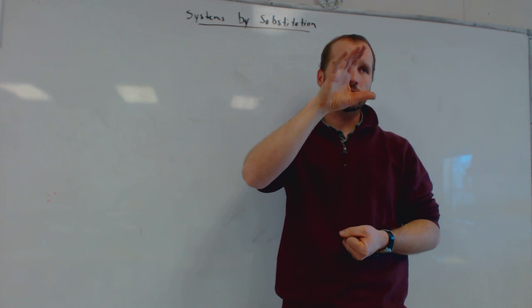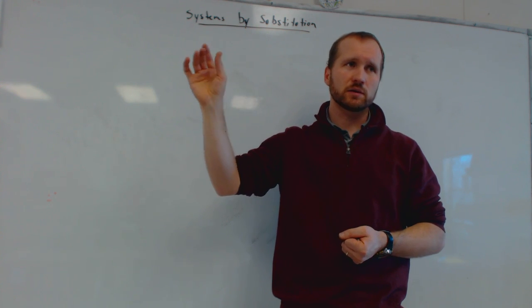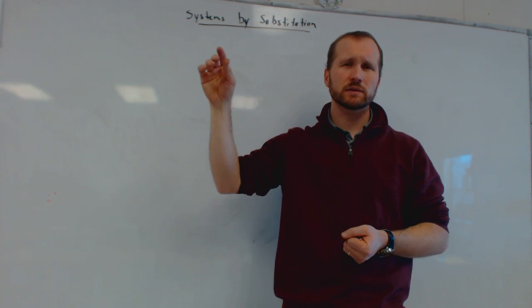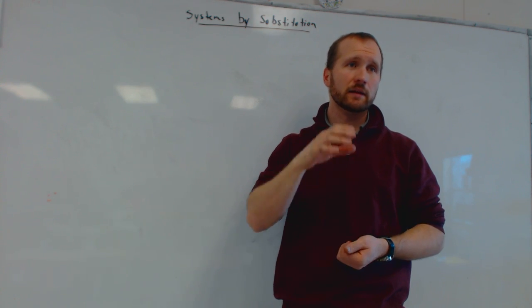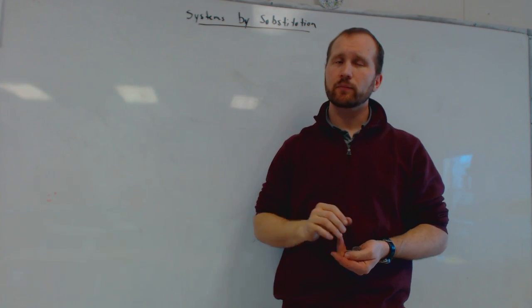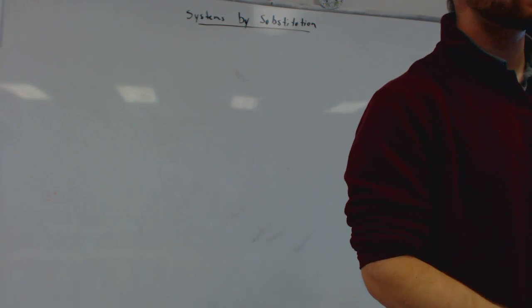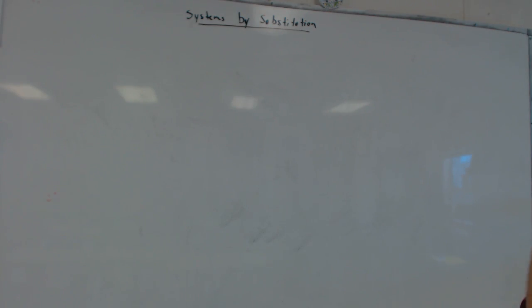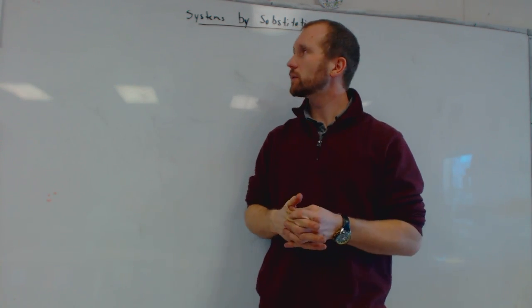Like, John's age is Adam's age minus 2. So it would be like J equals A minus 2. And some of them might even be like Fred's age equals 10. F equals 10. In Algebra 2, you'll see even more complex types of word problems.